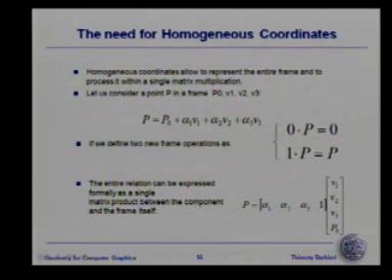So you see, once again, we understand why a vector which represents the coordinates of one point in a space has the fourth coordinate as 1.